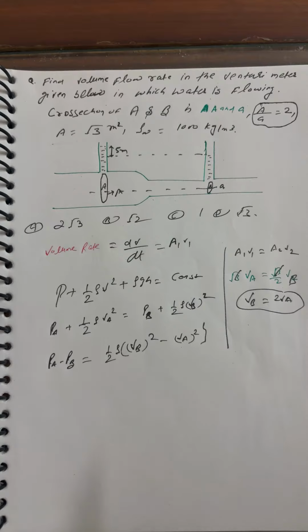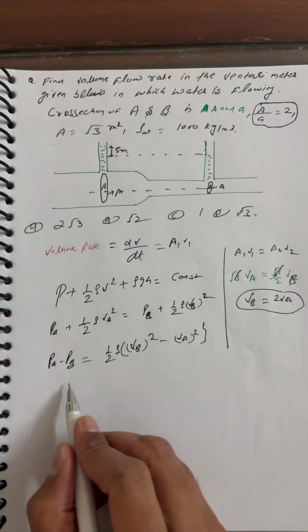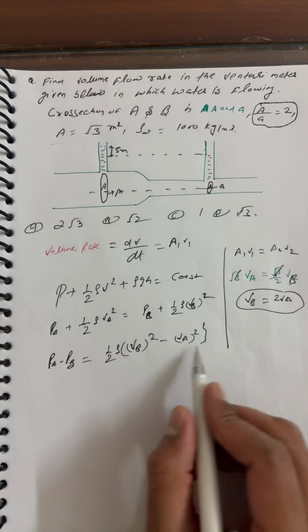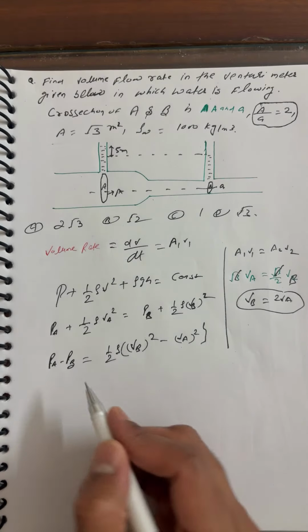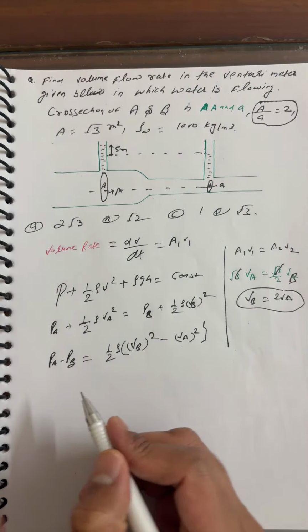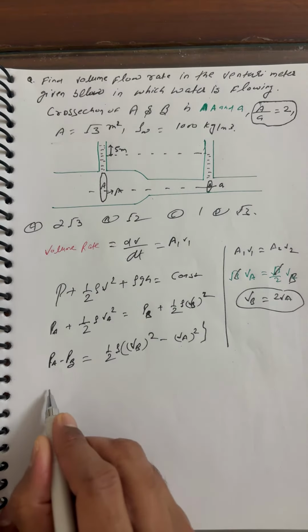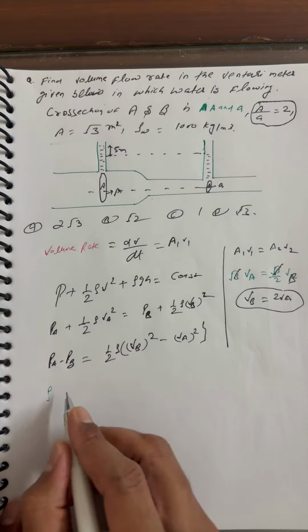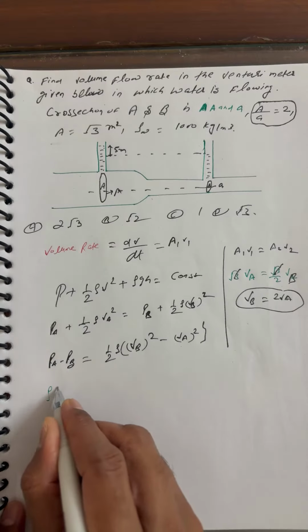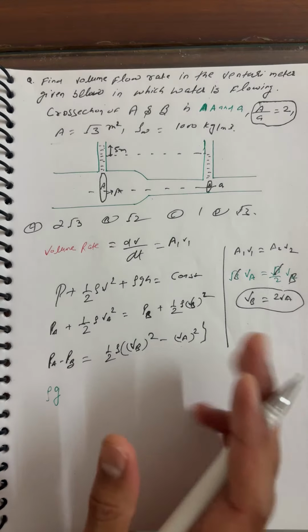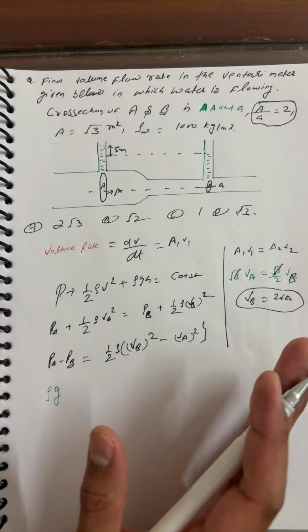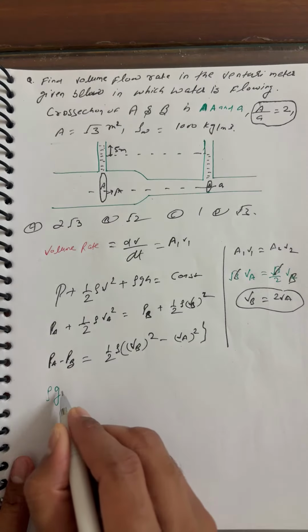Okay. Now students, we can put this value over here. So I can say we will get PA minus PB is, the height is mentioned, rho GH. Density of water, rho G, they didn't mention, then you can take 9.8 only.